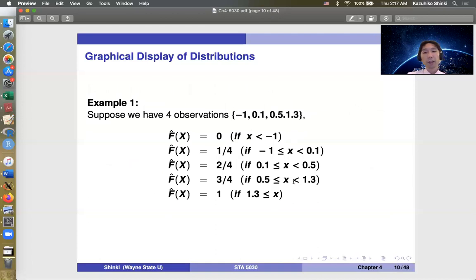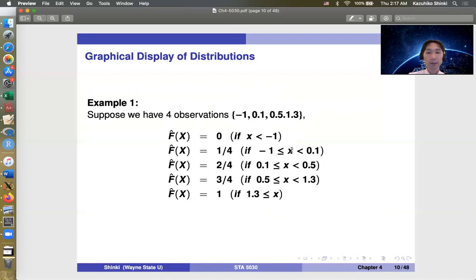So this is one example. Suppose we have 4 observations, just a very small example, and we sort them in increasing order. Then F hat of x is equal to 0 if x is less than -1. For example, if x is -2, no observation is less than -2, so 0 out of 4, so this is 0.